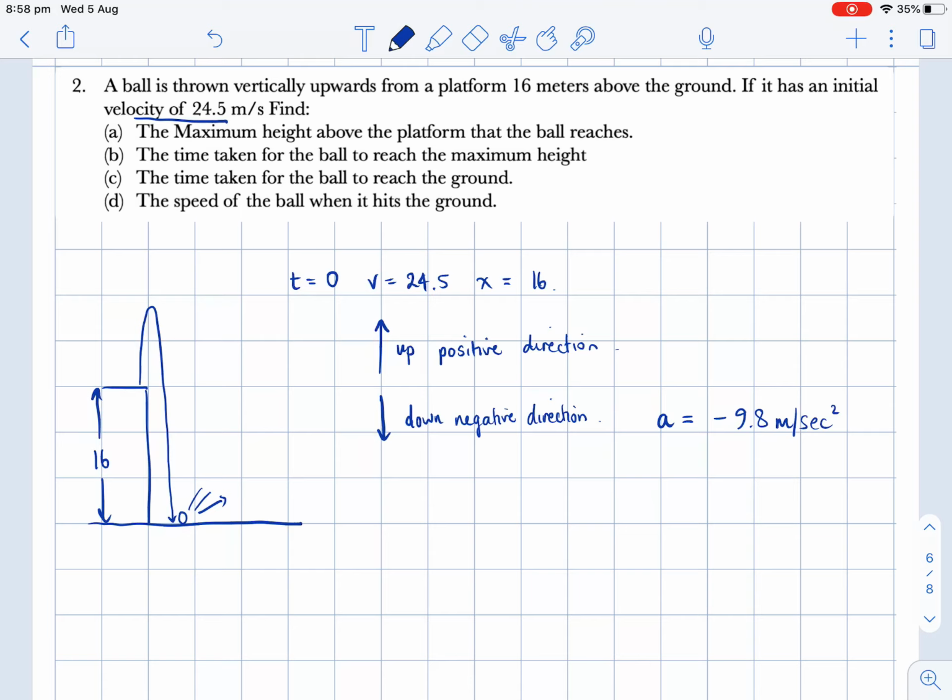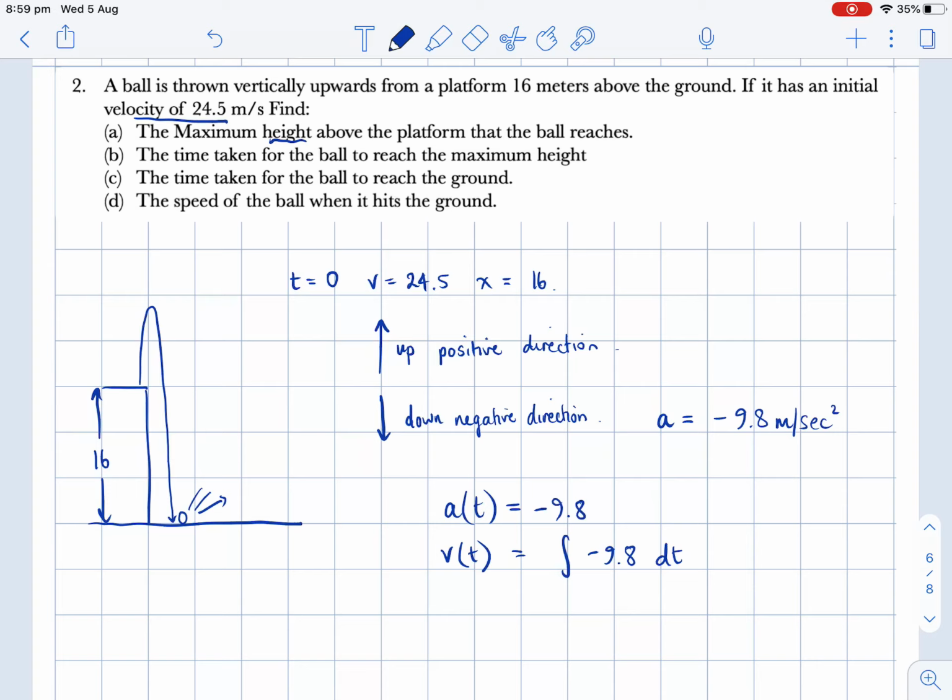Now if I want to find the maximum height, that'll be when the velocity equals 0. So let's start with our acceleration equation. a of t equals negative 9.8, and I can find a velocity equation by finding the integral of negative 9.8 with respect to t.